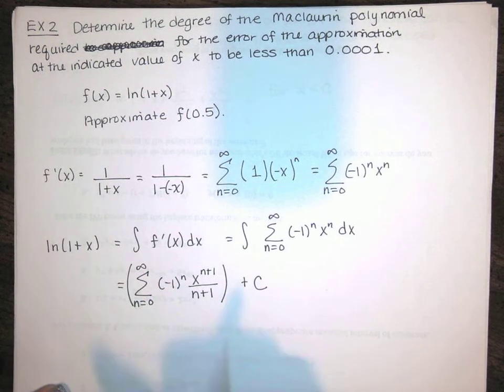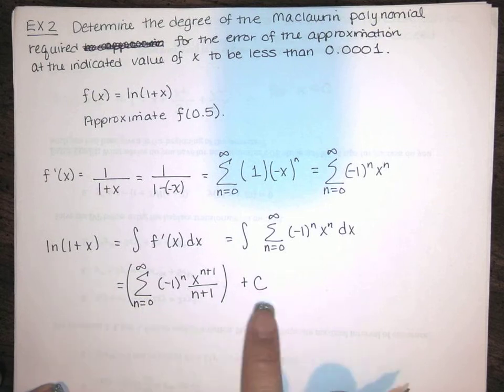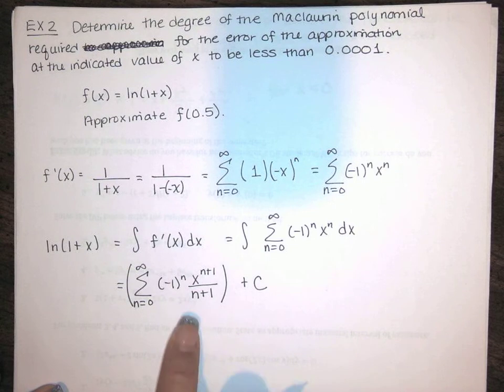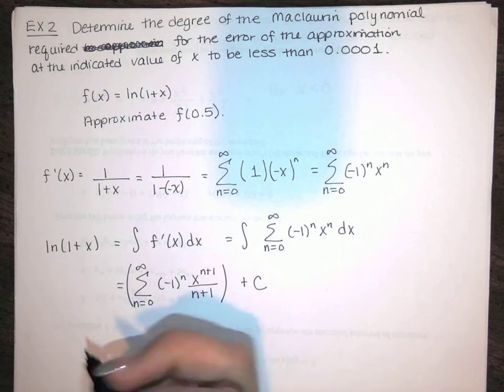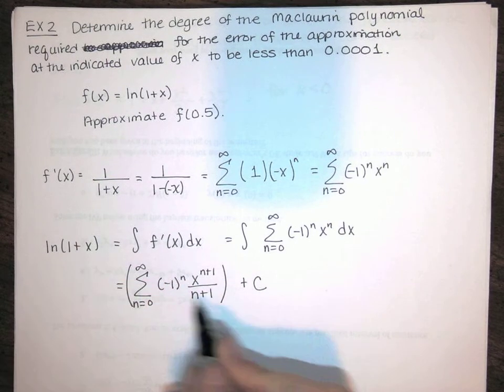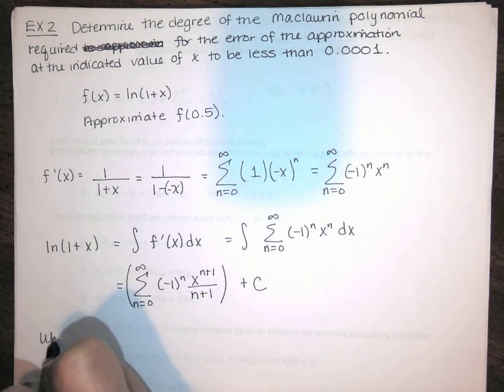Now, natural log of 1 plus x doesn't have an arbitrary constant in it. So in order to find the value of that constant, we're going to need to substitute a value of x that would make this the sum of infinitely many zeros. So if x was 0, this would be the sum of infinitely many zeros. So substitute x equals 0 on both sides of this equation.